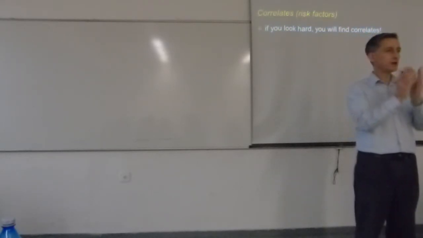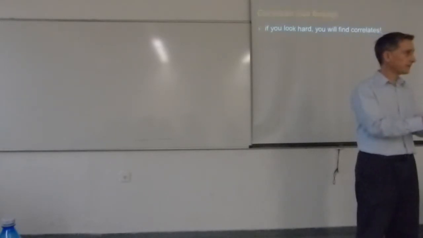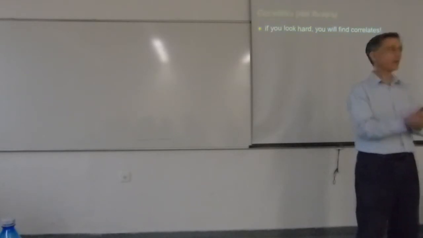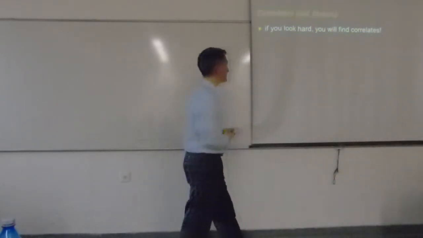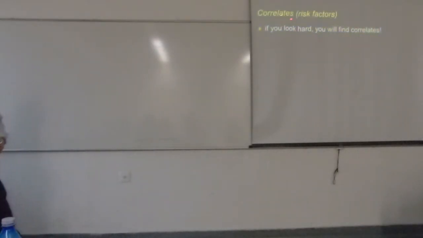We're going to talk later today about binocular instability, a binocular vision problem that occurs more often in dyslexics than good readers. These things are correlates, but you need to be careful, because it's easy to find correlates, and correlates are not the same as causes.